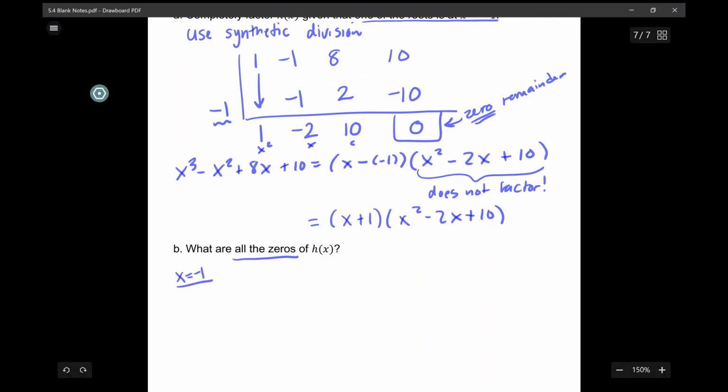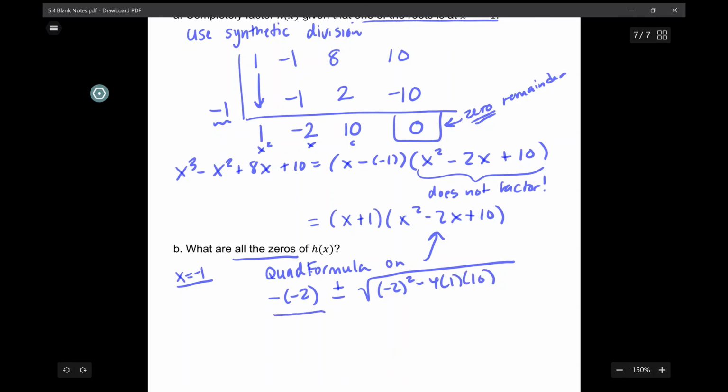We need to find the other two, so we're going to use the quadratic formula. We're going to use the quadratic formula on this last factored part. Quadratic formula on this guy. All right, so it's -b, -(-2), plus or minus the square root of b squared minus 4ac all over 2a.